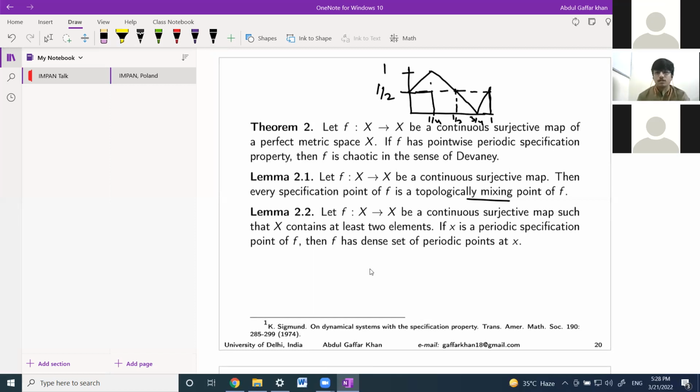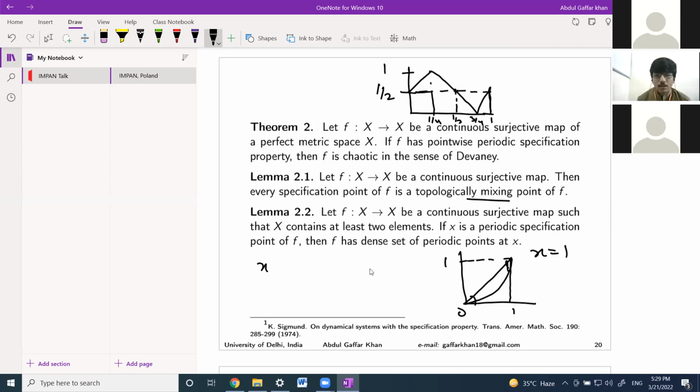Similarly, we can observe that a topologically mixing point need not be a specification point. To see this, just take the homeomorphism x square. So the point x equals to 1 will be a topologically mixing point, but it cannot be a specification point because we can choose epsilon small enough so that once the orbit leaves the epsilon neighborhood of 1, it will never come back to the neighborhood of x equals to 1.